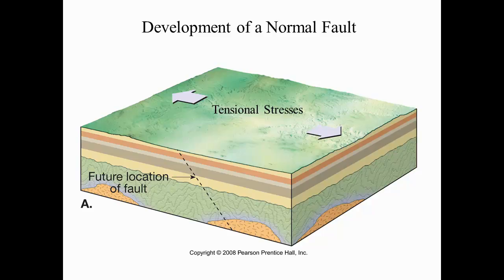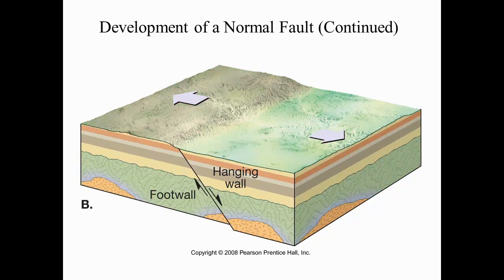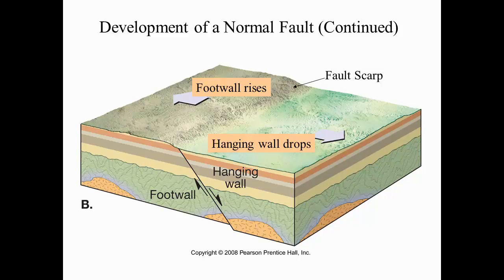And over time, as extensional stresses act upon these rocks, the normal fault is activated. And at this point, notice that the footwall rises, whereas the hanging wall drops. And we can even see on the surface the development of what's called a fault scarp.